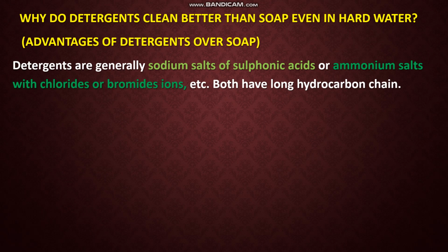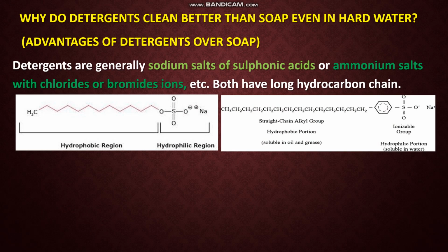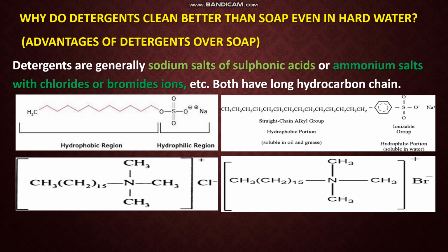Detergents are sodium salts of sulfonic acid or ammonium salts with chloride or bromide ions, etc. Both these molecules have a long hydrocarbon chain. These are some examples of detergent molecules. The structure is not required to learn. You have to remember what a detergent is chemically.